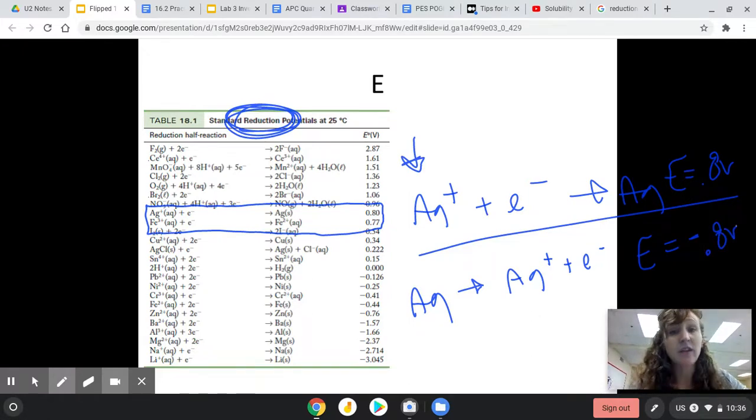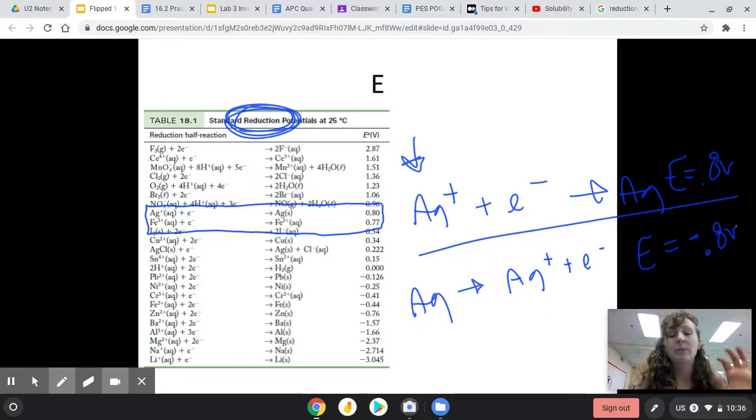Okay, so if the silver ion is reduced, that has the potential to produce 0.8 volts. If solid silver is going to be ionized, is going to be oxidized, we are going to need to input 0.8 volts.